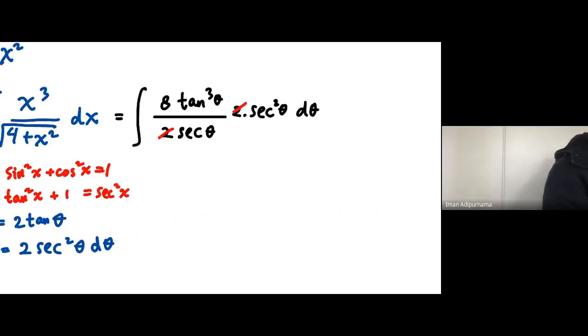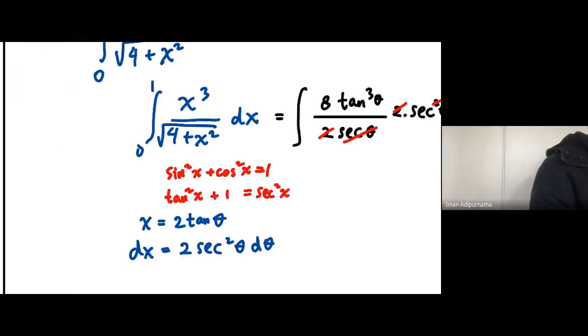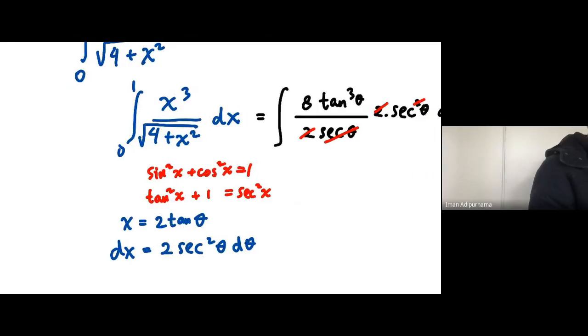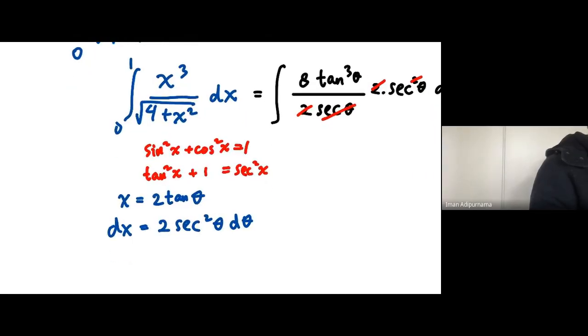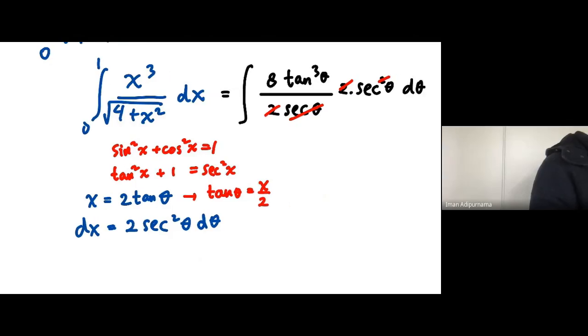Let me solve this first. So now I have tangent cubed and secant theta. Oh, don't forget to change the endpoints, okay? So since x is 2 tangent theta, tangent theta is x over 2. So theta is tangent inverse, right?